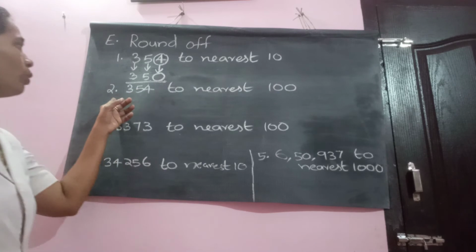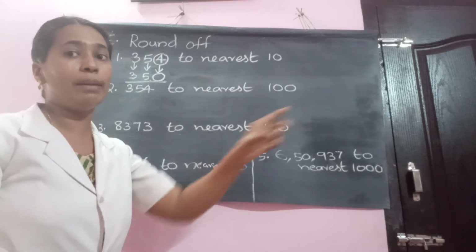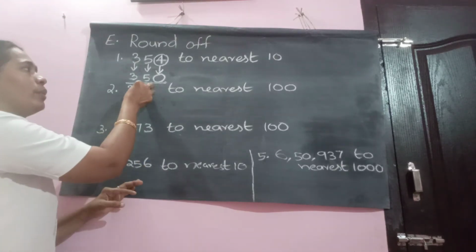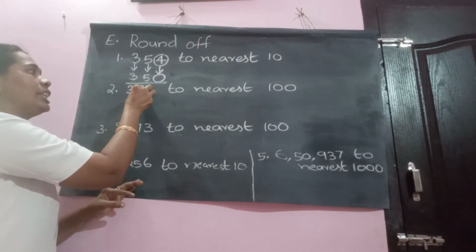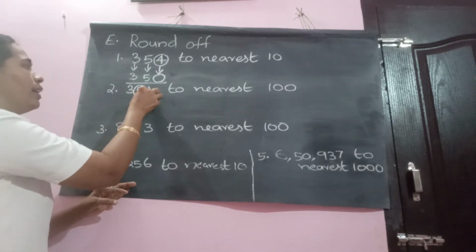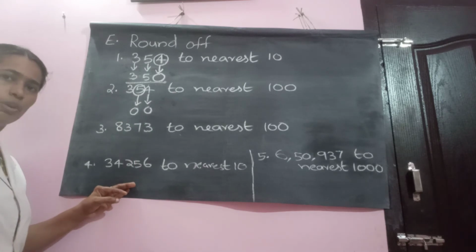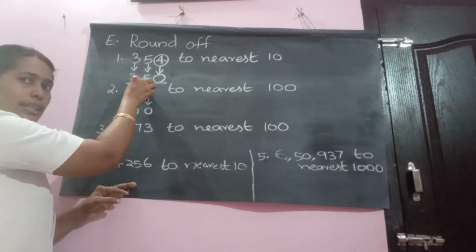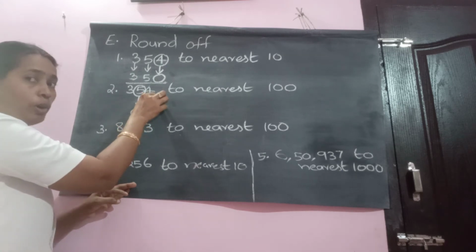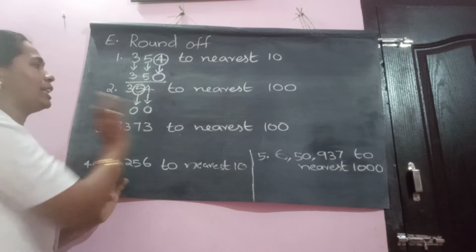Let us move to the same question, 354 to the nearest 100. 100 means how many zeros are there? 2 zeros. And here you need to circle the tens digit only. Circle the tens digit and replace the ones and tens digits by 0. You don't bother whether it is greater than 5 or less, you just replace it by 0.